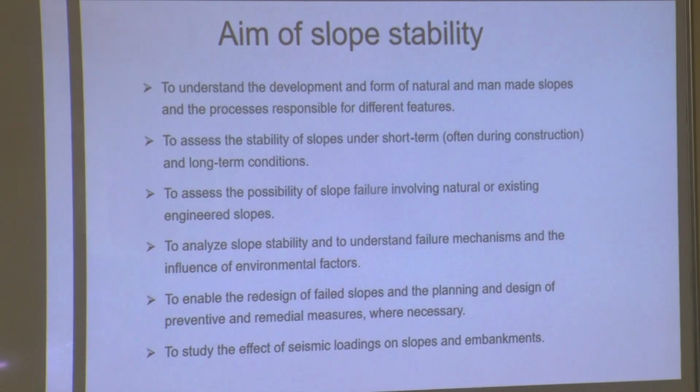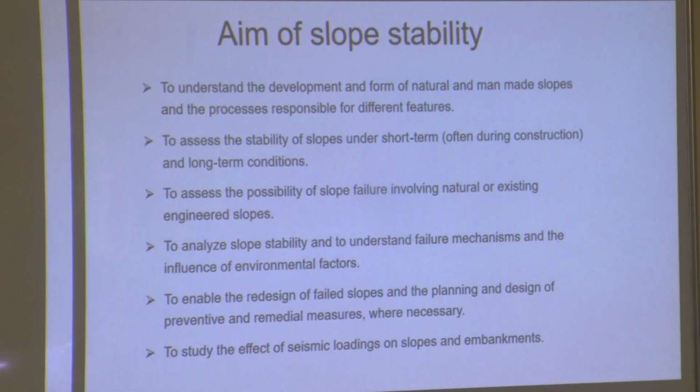Another important parameter we generally think of is experience. One example I have already given you, that is the Vajont slope failure. That slope failure actually helps us to get some preliminary idea. If we do not take care of this type of parameter, it might be that in future our slope is going to face similar consequences.